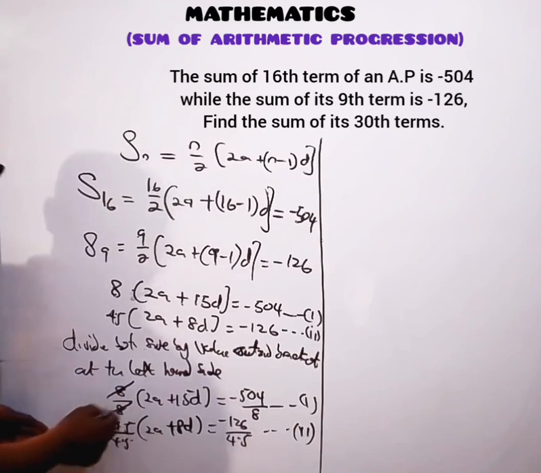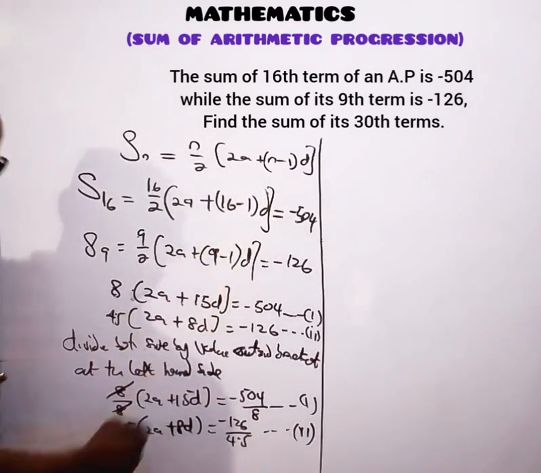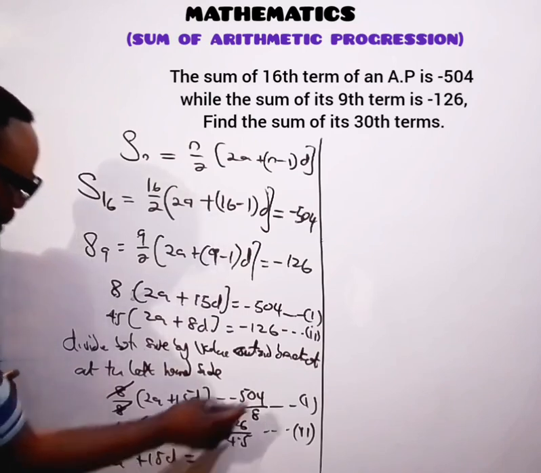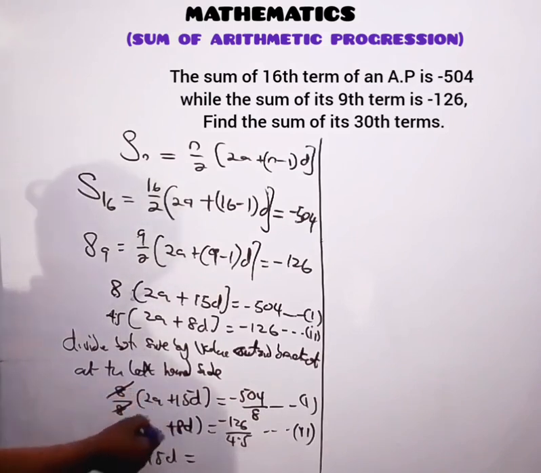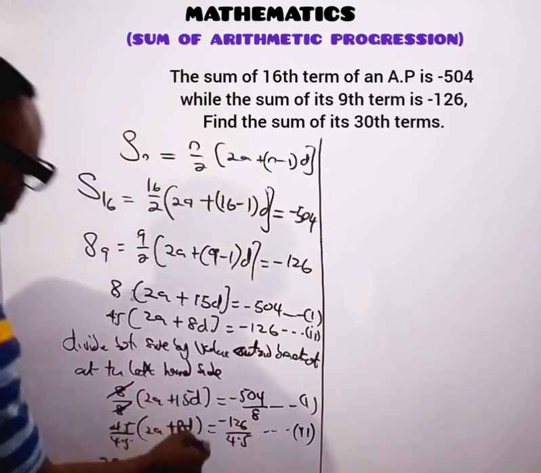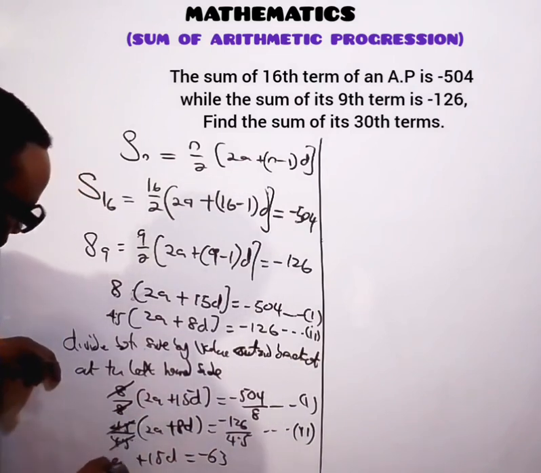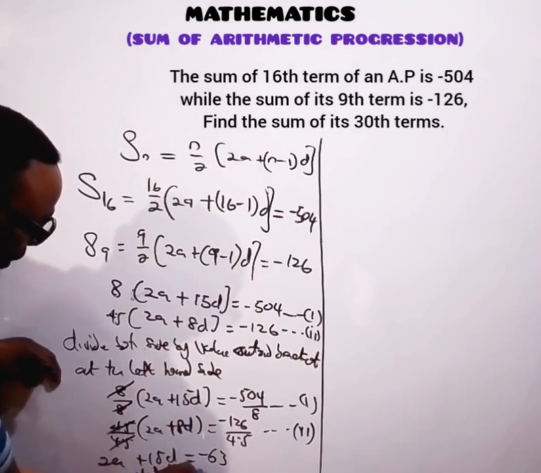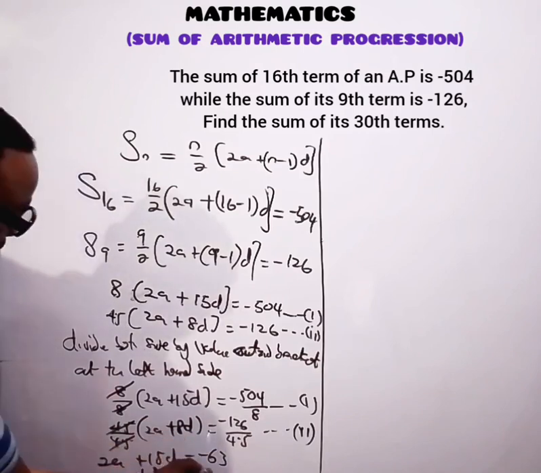This leaves us with 2a plus 15d is equal to minus 504 divided by 8, which will give us minus 63. While this one too, we have 2a plus 8d is equal to minus 126 divided by 4.5, which will give us minus 28.